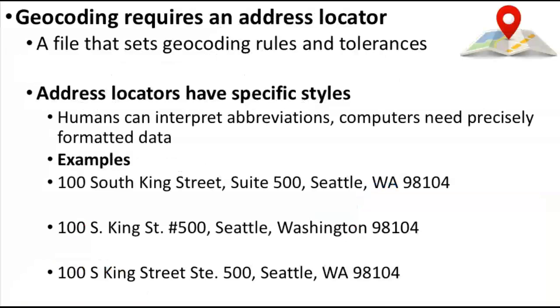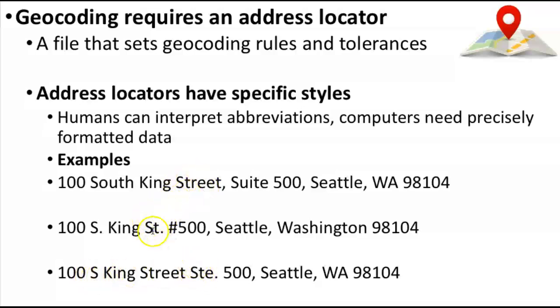One of the reasons why we still work with geocoding addresses, and these are very useful, is that we still need to have human supervision because computers are not good at identifying data that is formatted in different ways. For example, 100 South King Street could also be spelled with an S period or an S without a period.